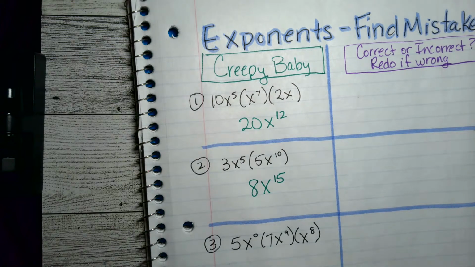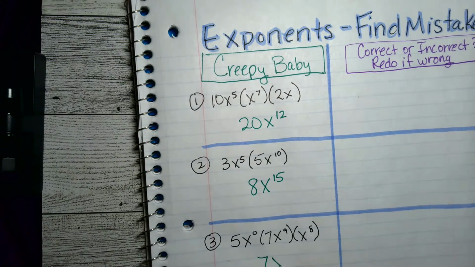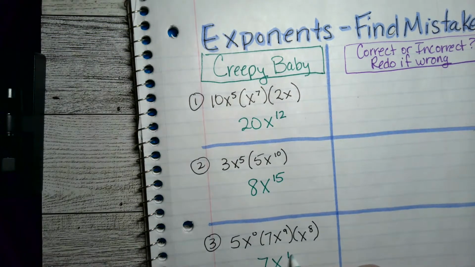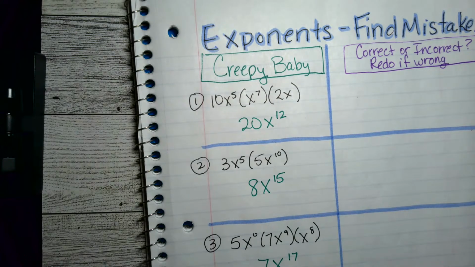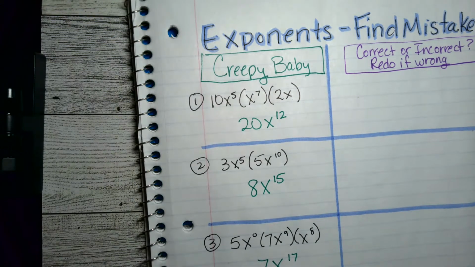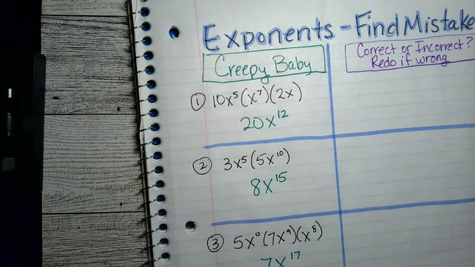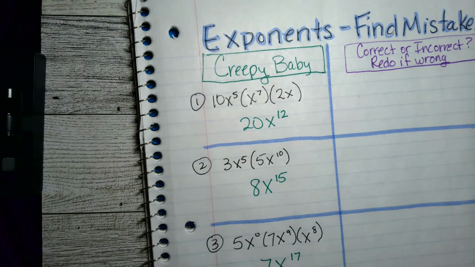And her answer was 7x to the 17th. When she showed me some work, I'll put the work on here too, but a lot of times people are doing these using the rules and kind of doing it in their heads for the most part, which is fine. But if you make a mistake, you got to go back in and double check it.